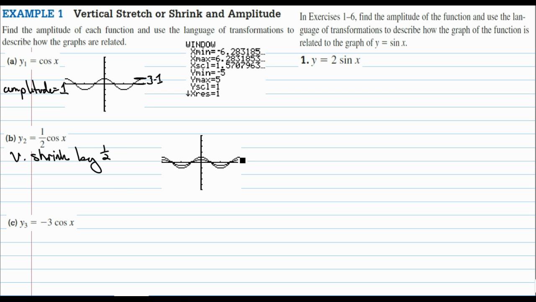And now my amplitude goes from -1/2 to +1/2. So my range is only from -1/2 to +1/2 because I shrunk all those y values down by 1/2. That means the height is technically 1, so the amplitude, half the height of the wave, is 1/2.